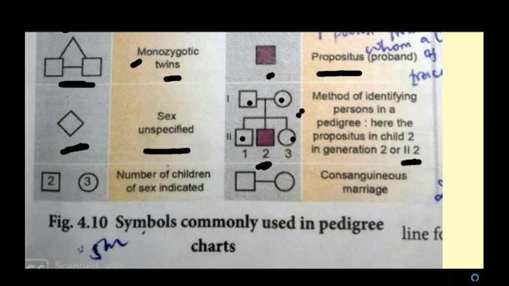The second child possesses that particular phenotype. Then if it is given like this, it is a consanguineous marriage, that is marriage between relatives. So these are the symbols used for drawing the pedigree charts.